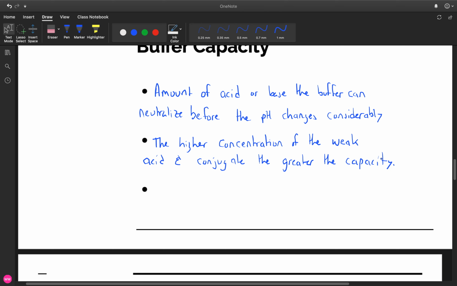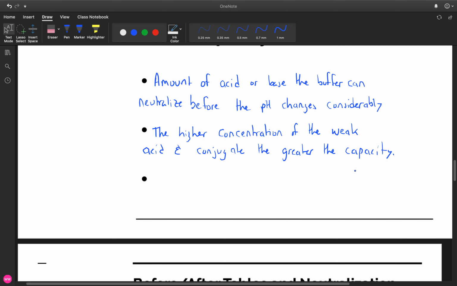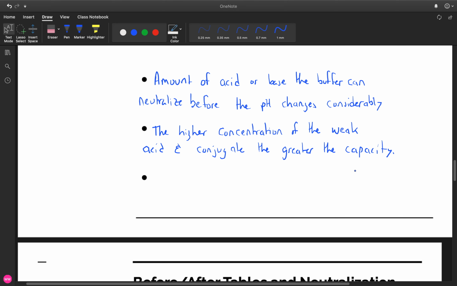And last but not least, we want to, as scientists, identify what a good buffer would be. So not only will it be able to neutralize a lot of acid or base that's added to the solution, but we also want to keep certain buffers around certain ranges.